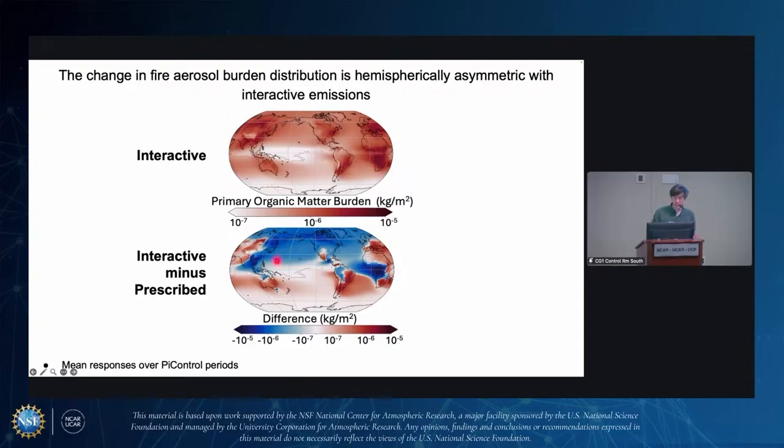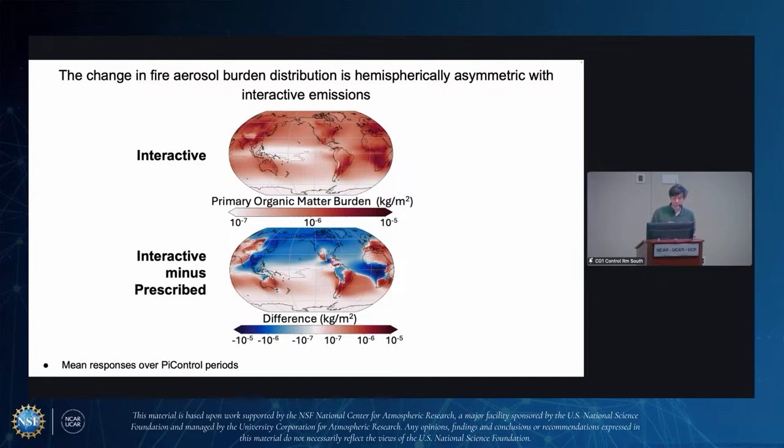And to begin, I'm looking at primary organic matter, or POM, and specifically its burden, or its mass in the atmosphere. In the top panel, I'm showing the POM burden in the interactive experiment. And in the bottom panel, I'm showing the POM burden in the interactive minus the prescribed, to understand the change in the spatial distribution.